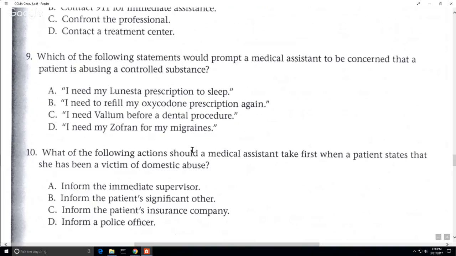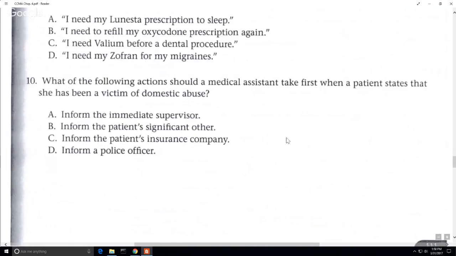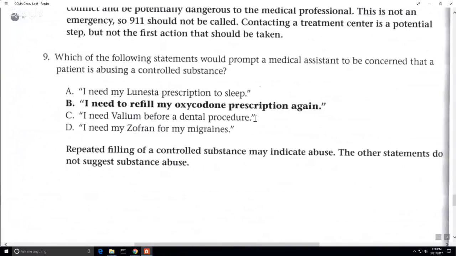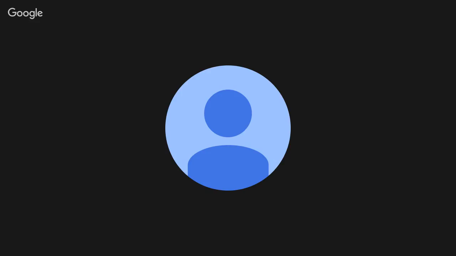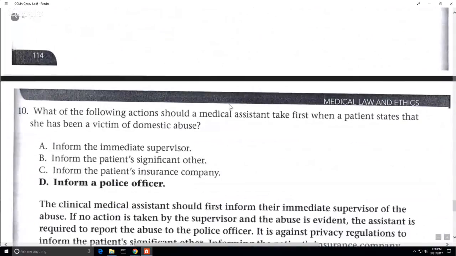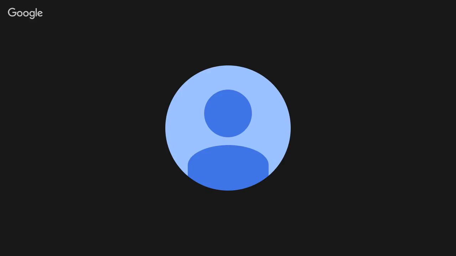So B. Yeah. Which of the following actions should a medical assistant take first when a patient states that he has been a victim of domestic abuse? Inform the police. No, inform the supervisor. Remember? Oh yeah, the medical office manager. No, this one says inform the police. Oh, I was right. Inform the police.